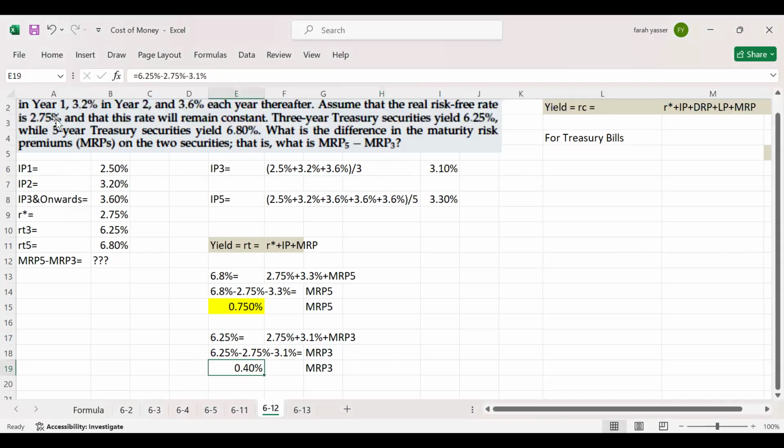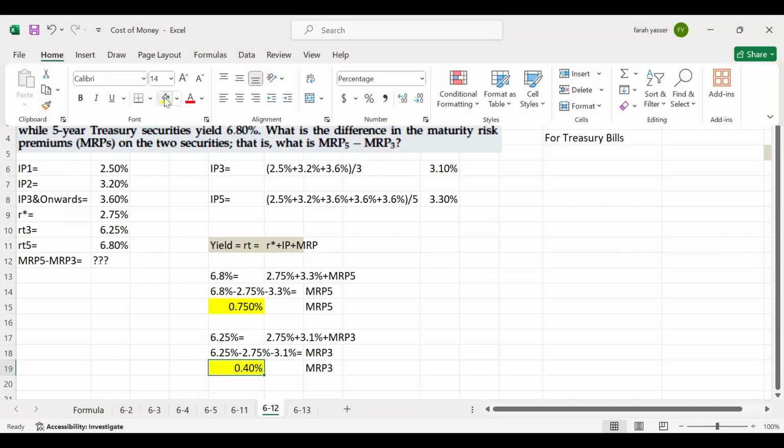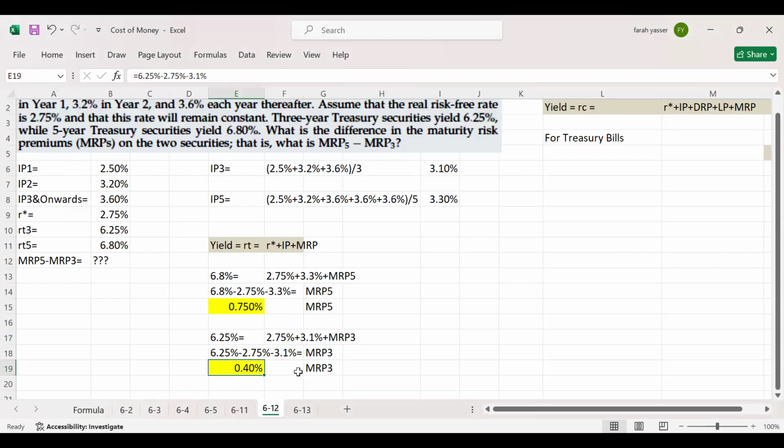Now, what is required? Basically, the requirement is the difference between MRP 5 and MRP 3. So we will deduct MRP 3 from MRP 5. The difference is simple: 0.75% minus 0.4%.